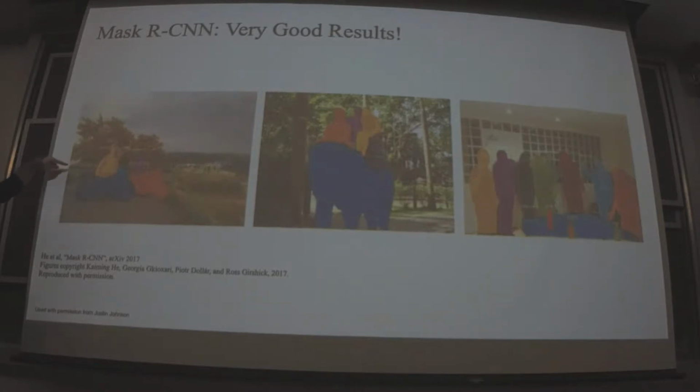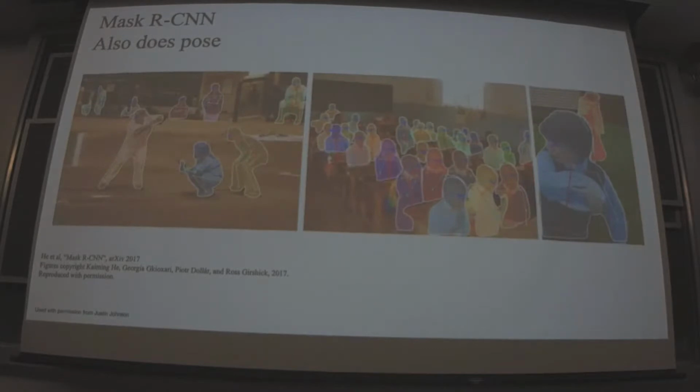It's doing the object detection, drawing the bounding box, and saying what object is in there. You can't really see it here, but it's motorcycle, person. But with the mask part, it's also telling you which pixels within that bounding box are part of the object. Again, all learned end to end, which is very cool. You can use this to do a variety of interesting things like pose estimation.